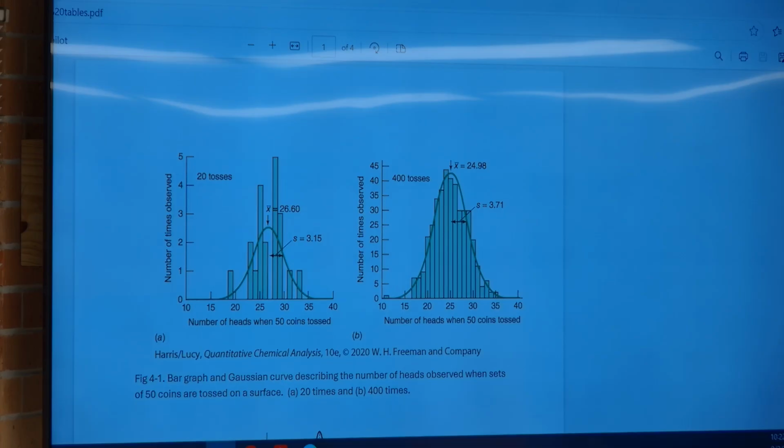Anyway, can you understand this figure? The main idea is the more you repeat, the closer the average value will be to the theoretical value, which is the true value. If you run only one time, then of these 50 coins, here it shows only 18 coins heads off. The other 32 are heads.